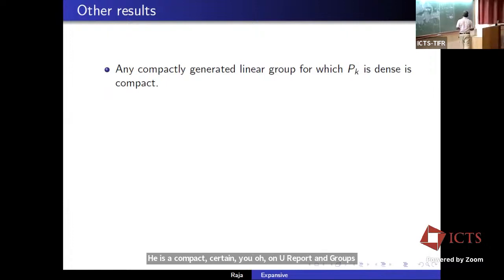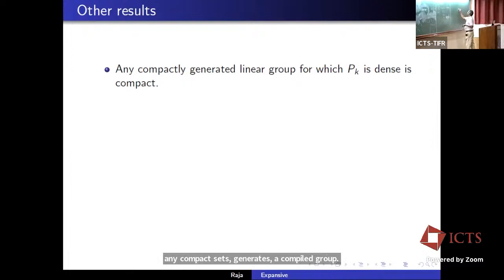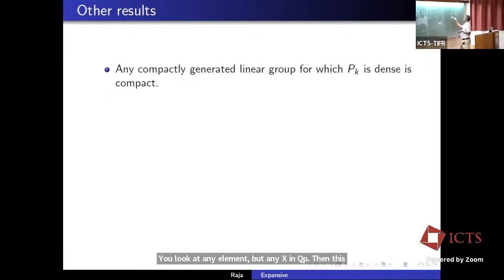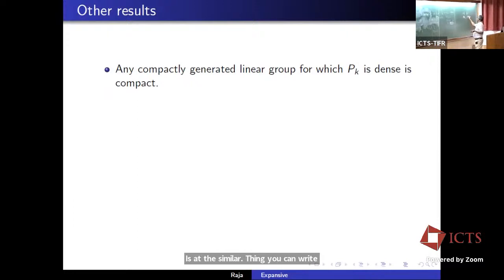For instance, a simple case is Q_p or the Laurent series over a finite field. In both cases, if you look at any element x in Q_p, then the additive group generated by this will be x Z_p. A similar thing you can write here, x A_p.